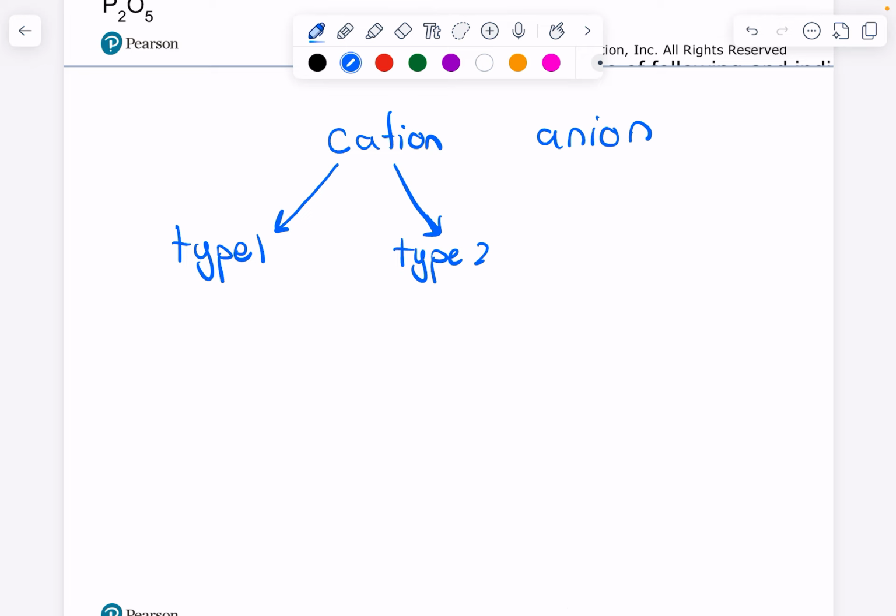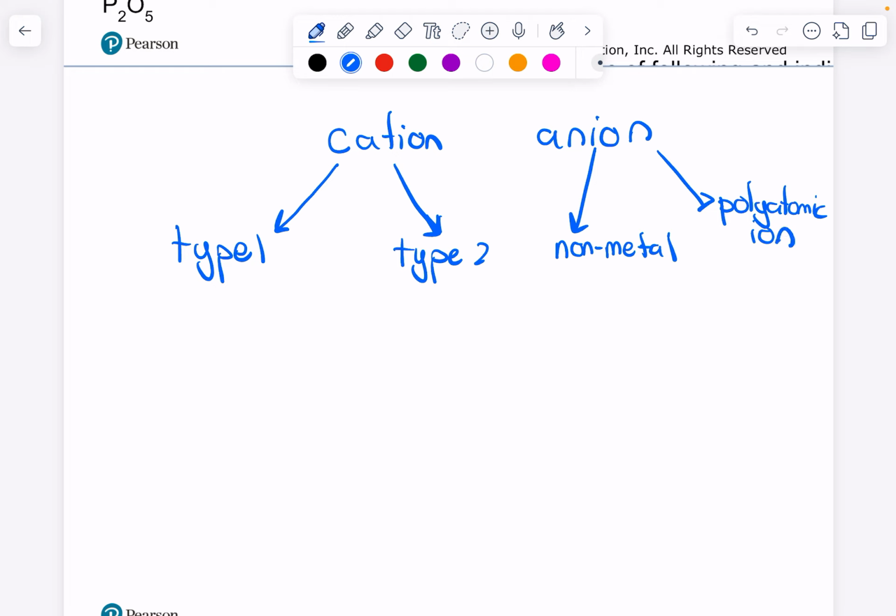With the one we're about to talk about, and this is why I'm not going to call it type 3, I'm just going to say that this is polyatomic ions. There are some times when the anion is just a regular nonmetal, but there are also a lot of times when the anion is what we call a polyatomic ion.